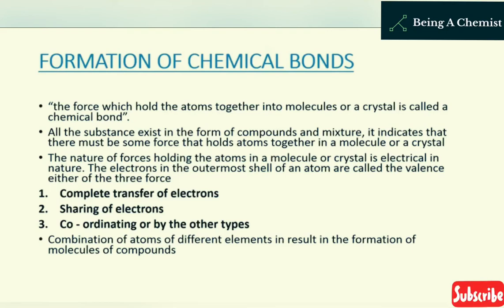Atoms of different elements can also combine together and form molecules of compounds. So now we all know how the formation of chemical bonds occurs, and that the nature of the force which is holding the atoms together into molecules or in a crystal is electrical.